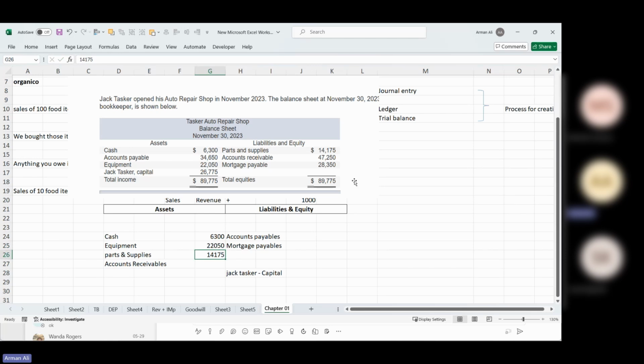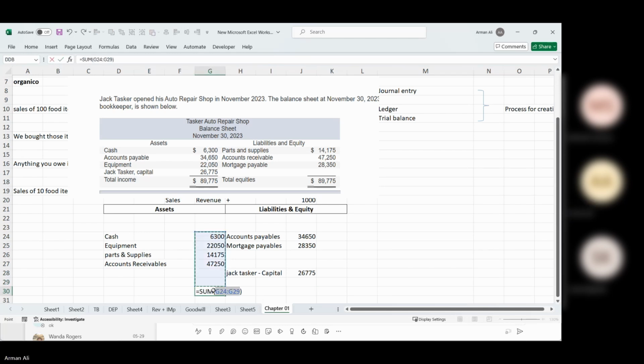Accounts receivable 47,250. I hope I'm getting it right. Accounts payable 34,650. Mortgage payable 28,350. Jack 26,775.